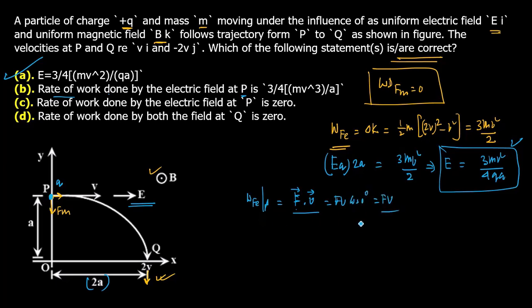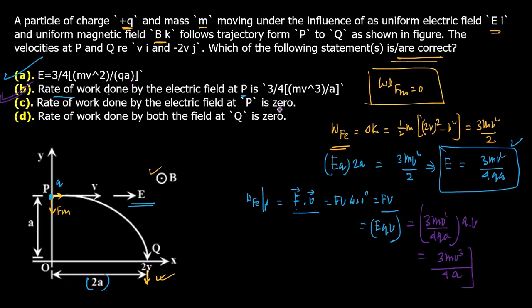F is basically E into q, so power is E q v. The value of E I have already got as 3mv squared by 4qa. Multiplying by q and v, I get 3mv cubed divided by 4a. So option B is also correct.